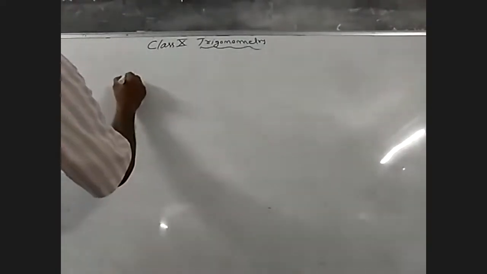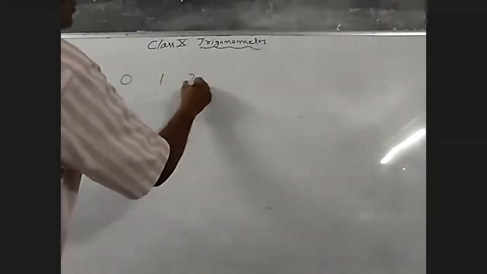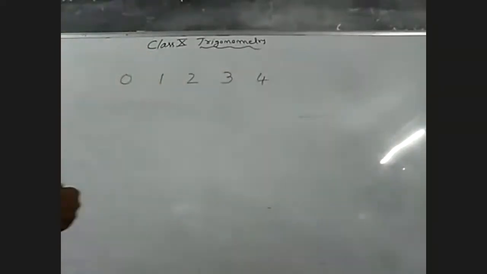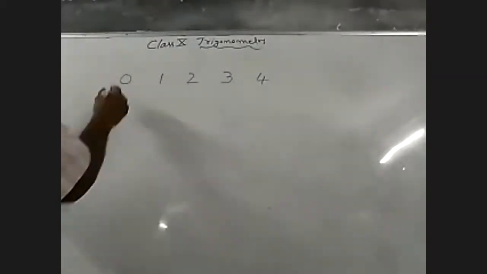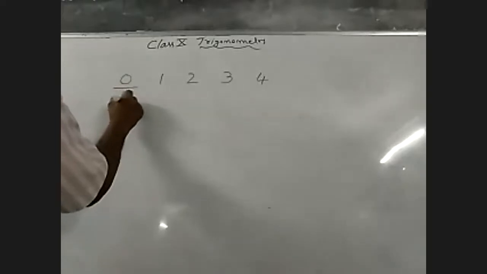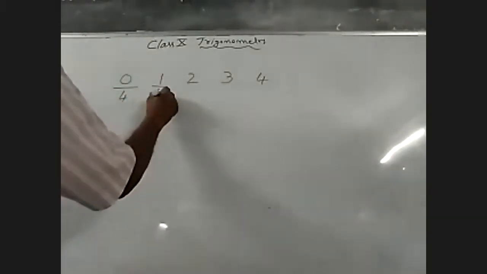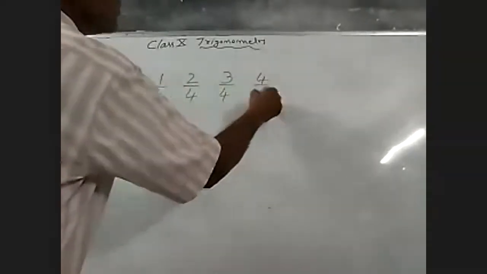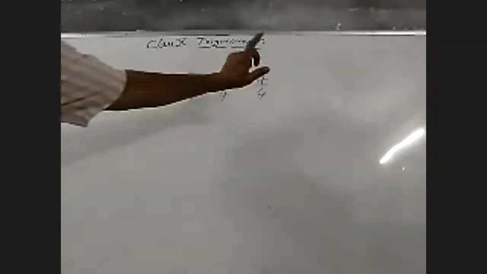Write down 0, 1, 2, 3, 4. Divide by 4: 0 by 4, 1 by 4, 2 by 4, 3 by 4, 4 by 4. So first write 0, 1, 2, 3, 4.